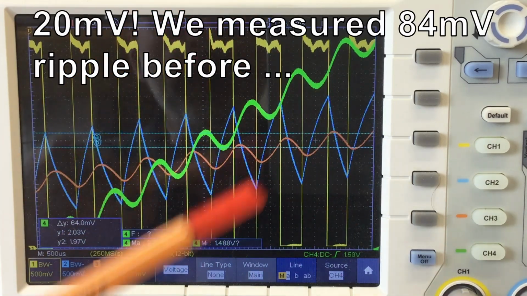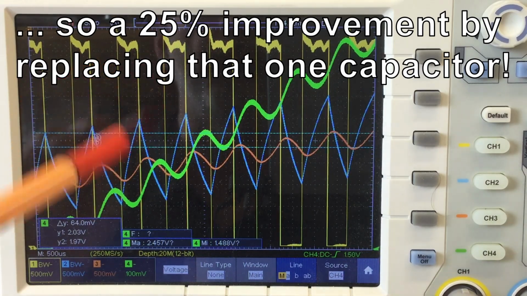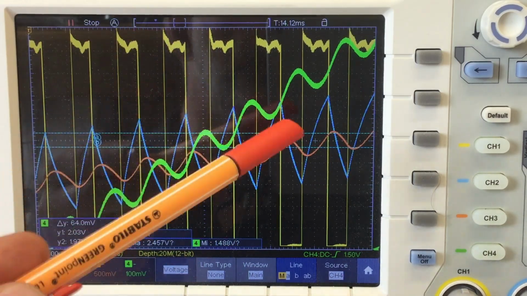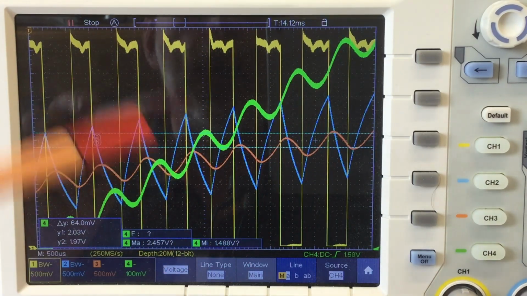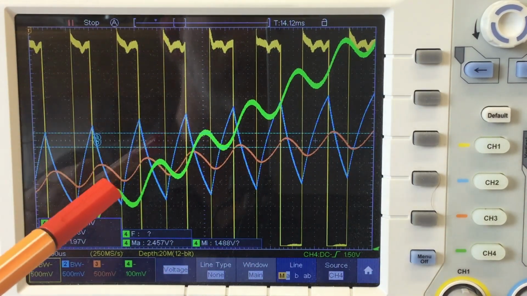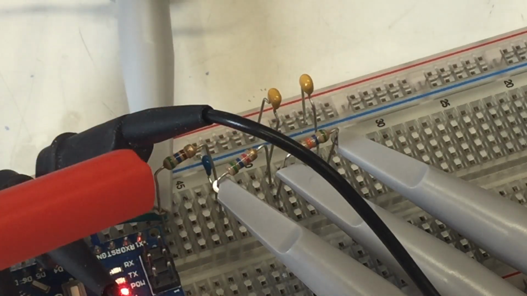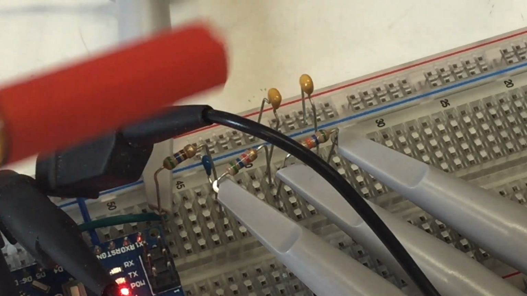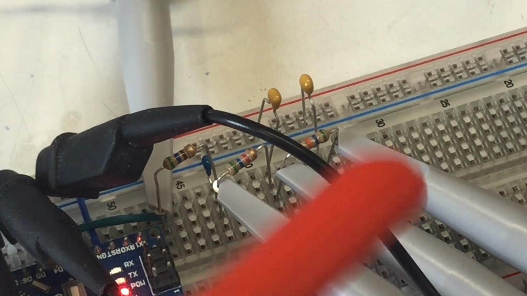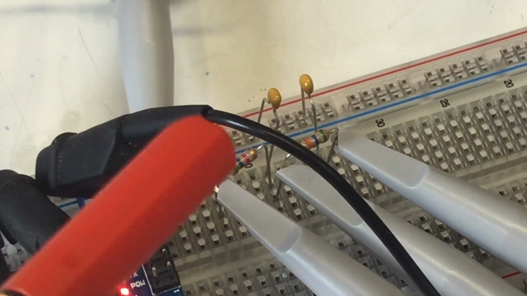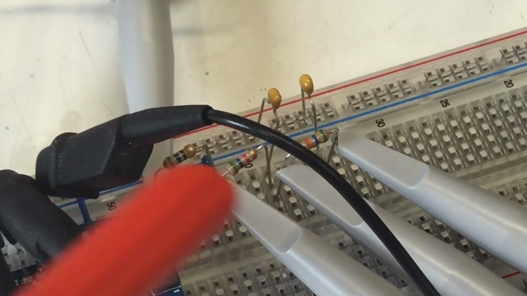So keep in mind, real-world capacitors and real-world resistors don't behave like ideal ones, so you have some discrepancies to the perfect math, and they come with tolerances. My resistors have plus minus 5% and my run-of-the-mill ceramics plus minus 10%. And the electrolytic even had plus minus 20% tolerance. You have to make accommodations for that too.